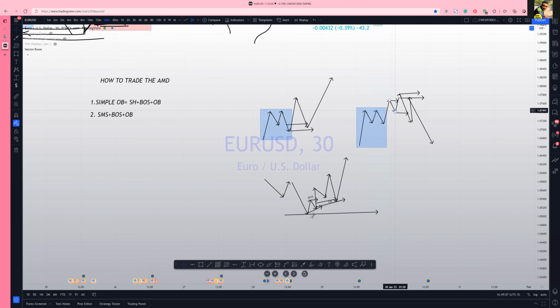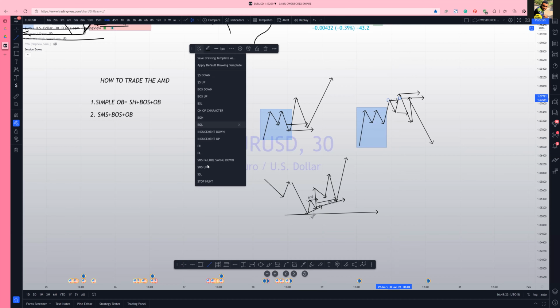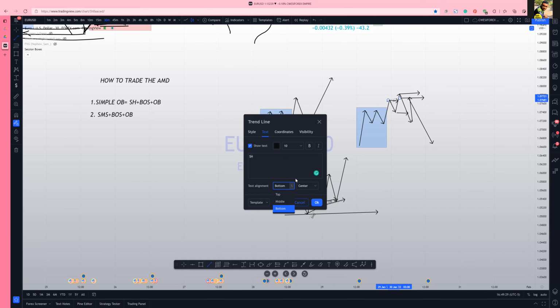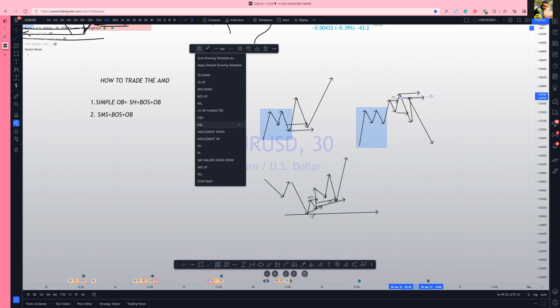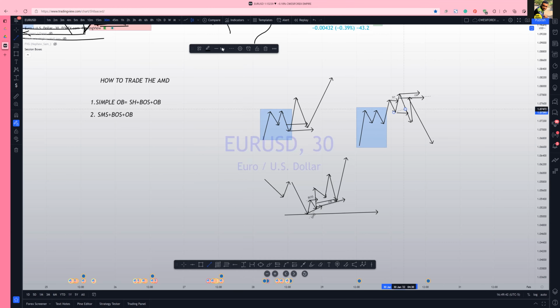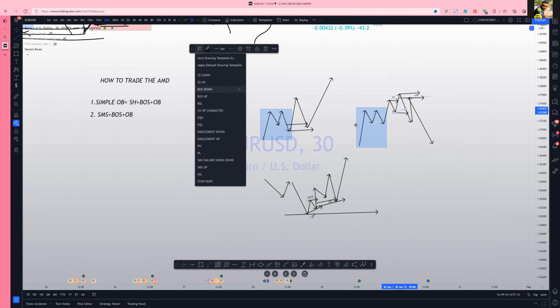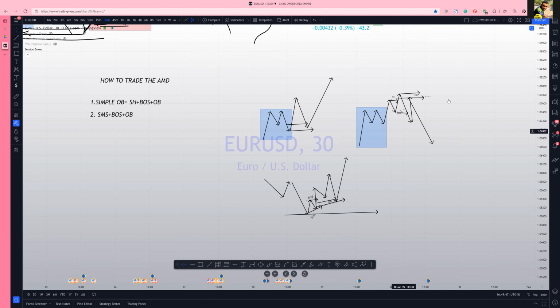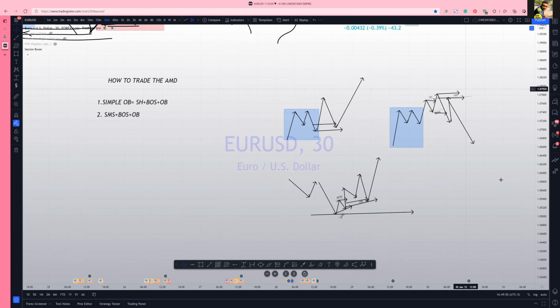Then we had this stop hunt candle, and this stop hunt candle formed another order block over here. So this is the stop hunt, SH. I have this order block over here, and we have this break of structure over there. A beautiful one. This is also a nice setup, good for price to come and mitigate and good to go.